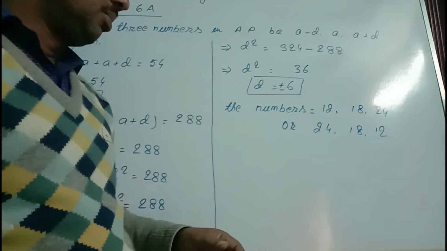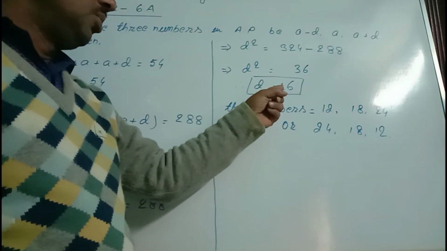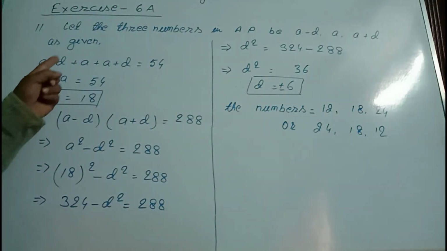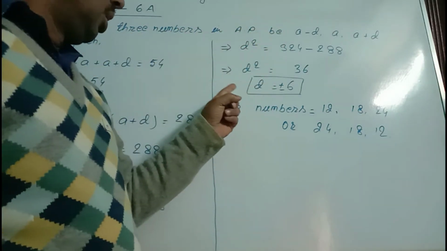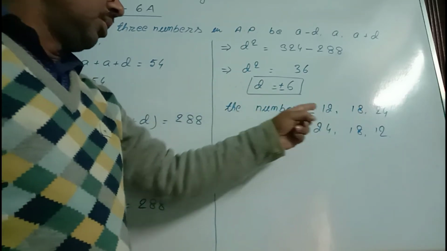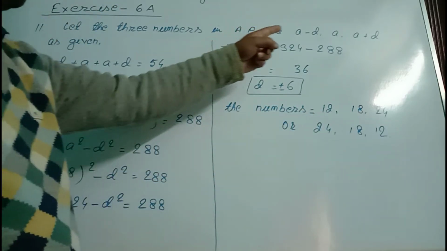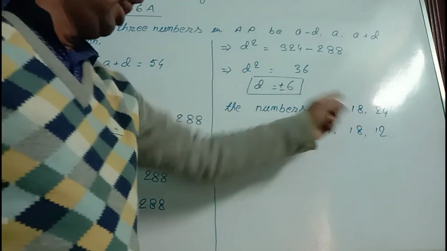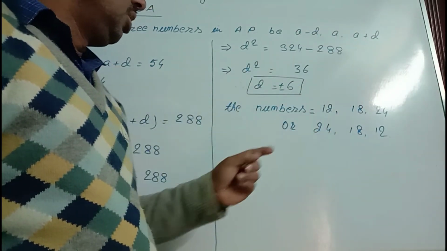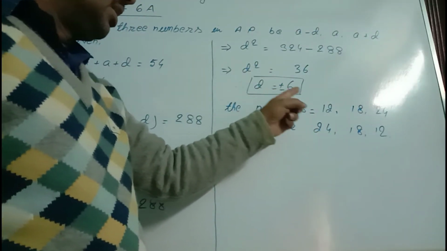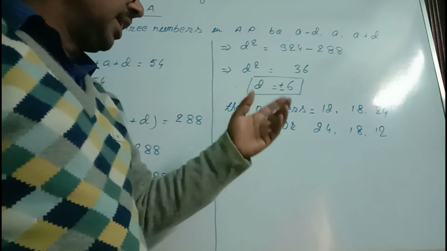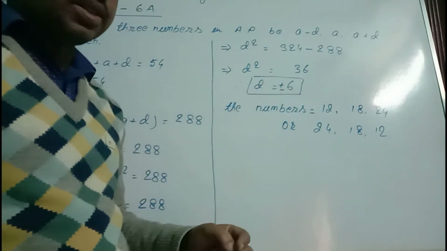So we have both the values now, A equal to 18 and D equal to plus minus 6. So we can make the series of the numbers. First, I am using plus 6. So first is A minus D. So 18 minus 6 equal to 12. Second is A. So I wrote here 18. And third is A plus D. So 18 plus 6 equal to 24. Secondly, I am using the value of D equal to minus 6.